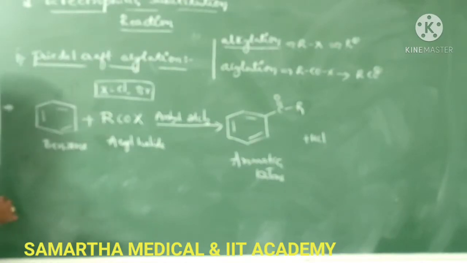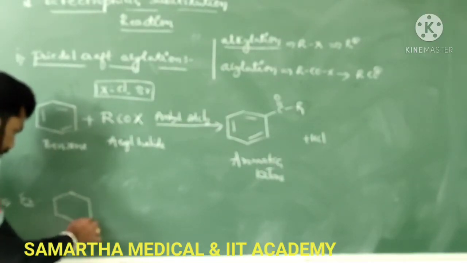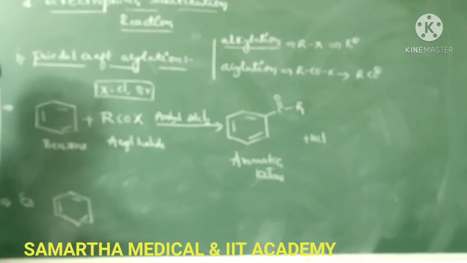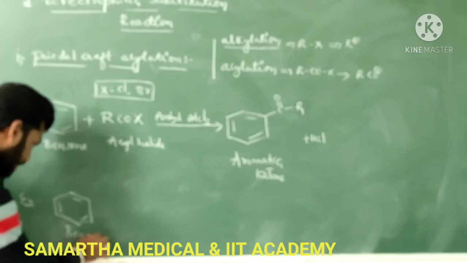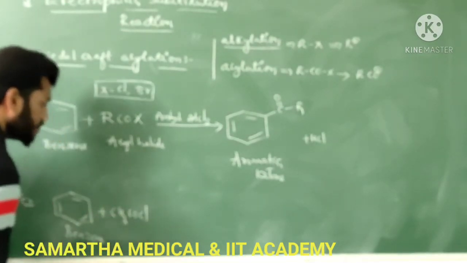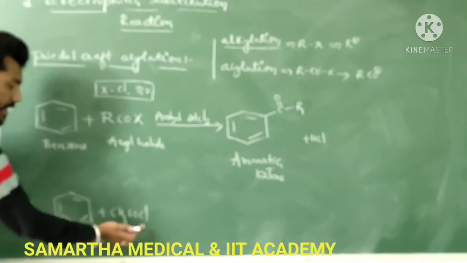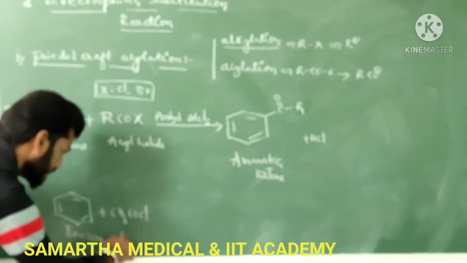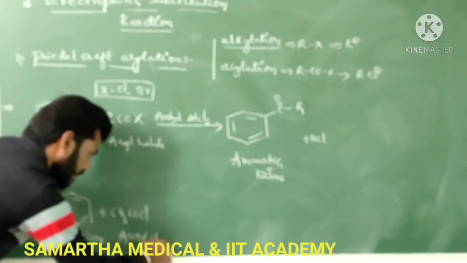Let us take a specific example. We use benzene, which is an aromatic hydrocarbon, combined with CH3COCl, where R is replaced by CH3 and X by Cl. That is acetyl chloride.